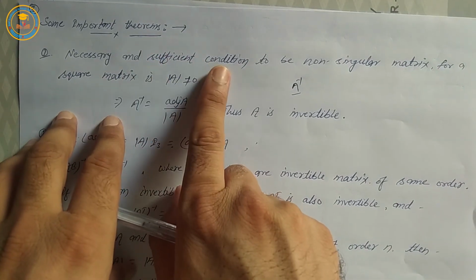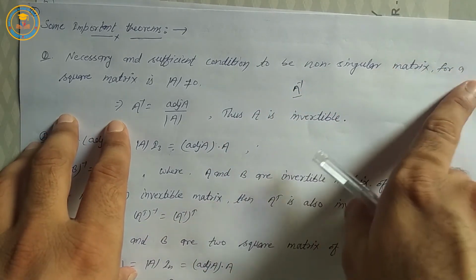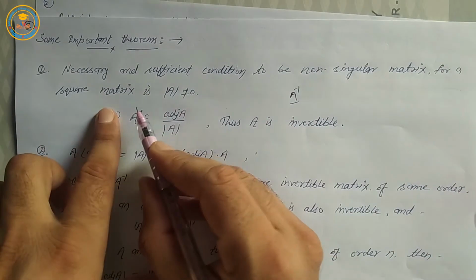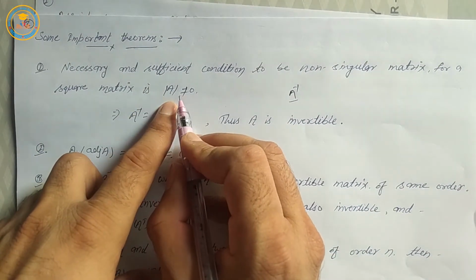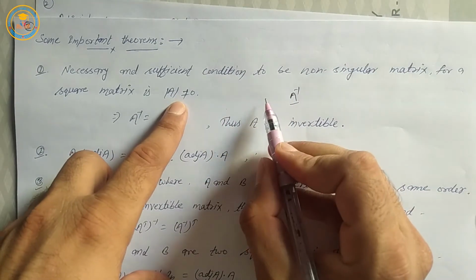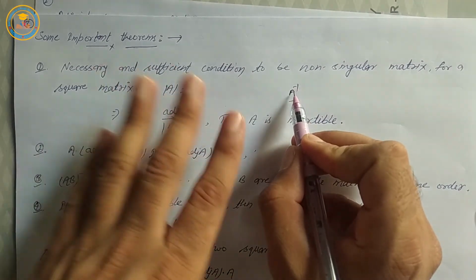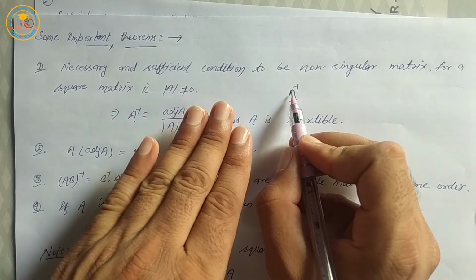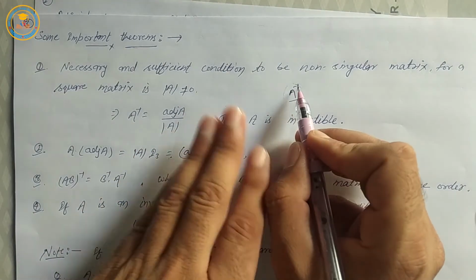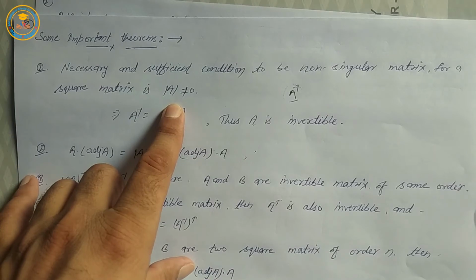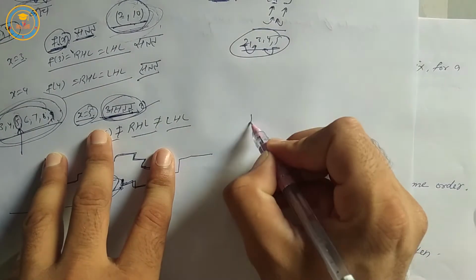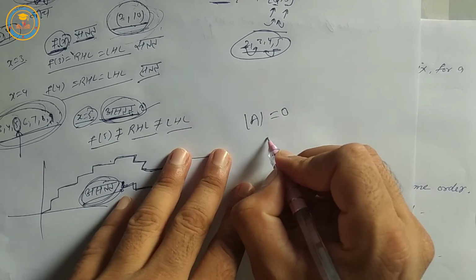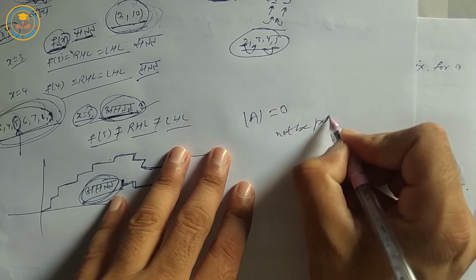Again, the necessary and sufficient condition for a square matrix to be non-singular is determinant A not equal to 0. When determinant A is not equal to 0, the inverse matrix will be possible. But when determinant A equals 0, the inverse matrix will not be possible.